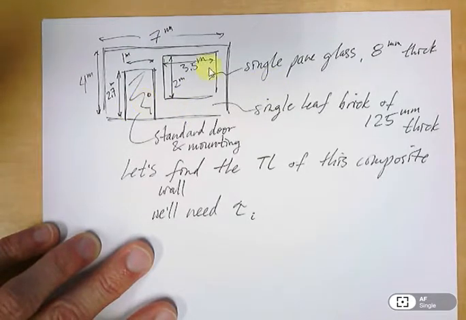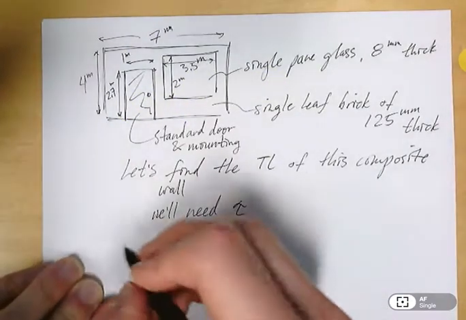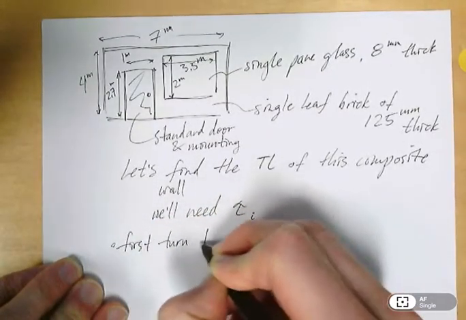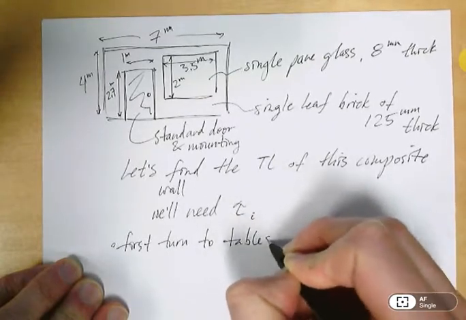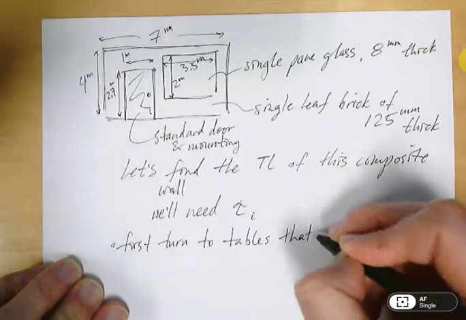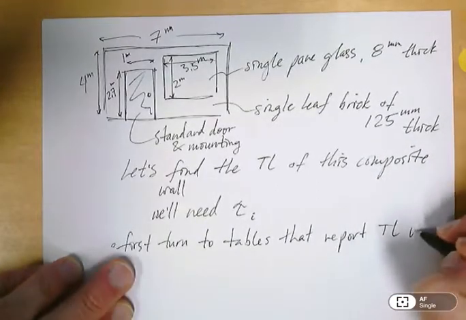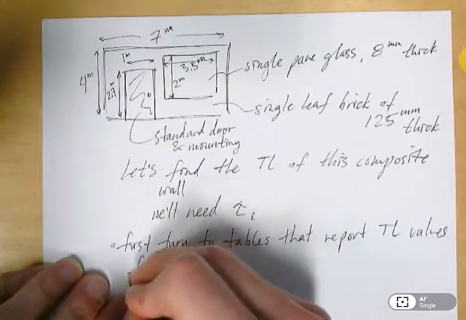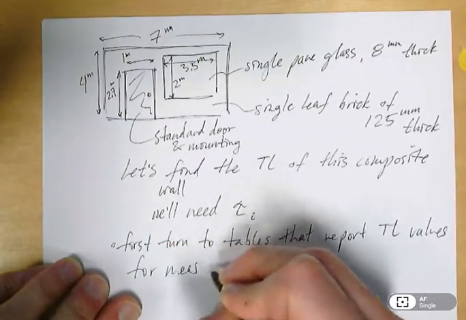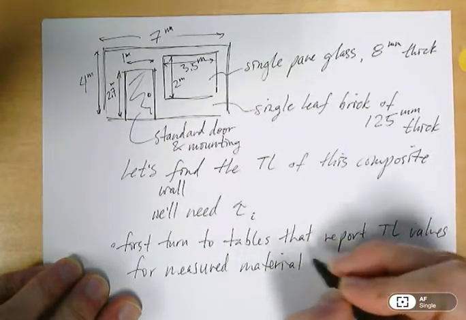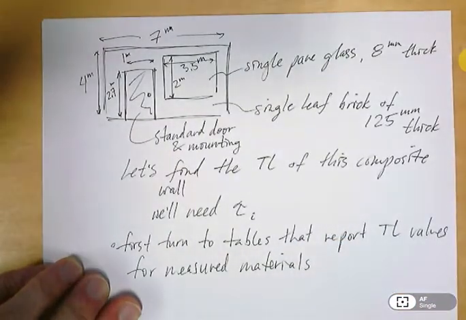So what we can do is turn to tables that report TL values for measured materials, including construction materials. There is one of these tables in the back of our notes.